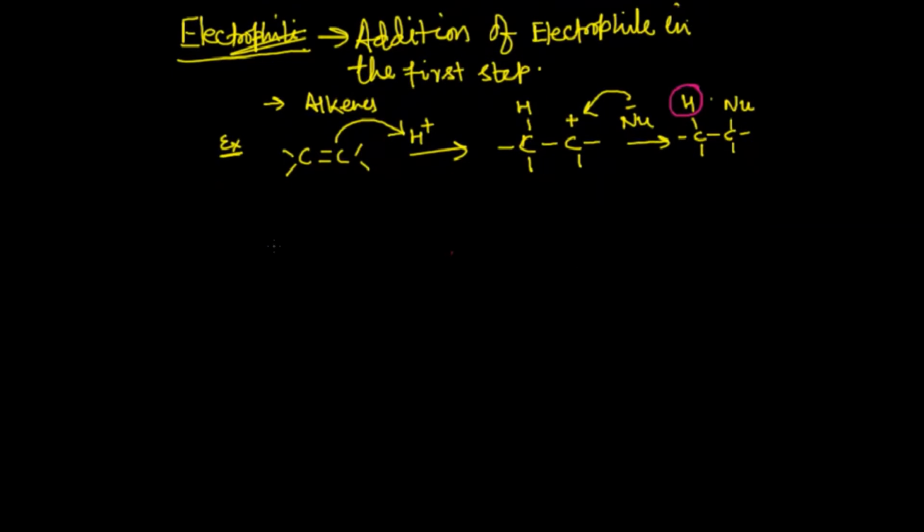For example, if I take an unsymmetrical alkene, C=C with one CH3 attached here, H here, H here, and then add HCl to this, what we need to identify is governed by the law called Markownikoff's rule.